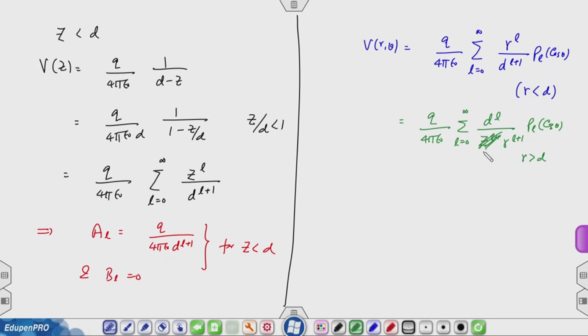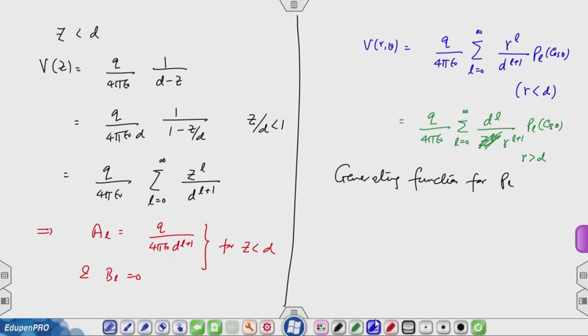This also gives you the generating function for PLs, which in maths books is given beforehand, but we are now getting it through our physics and electrostatics by expanding the potential for a point charge.